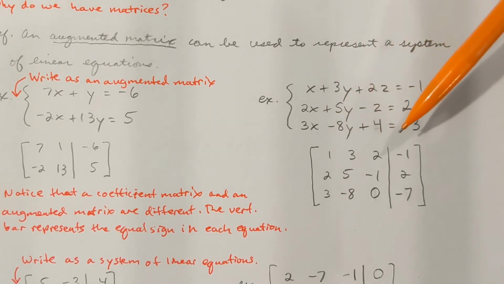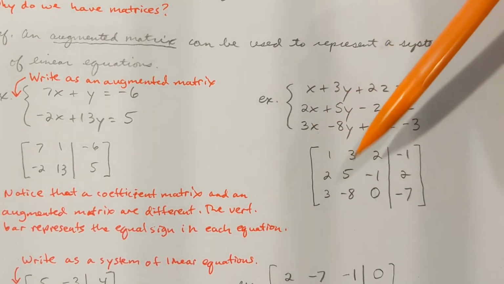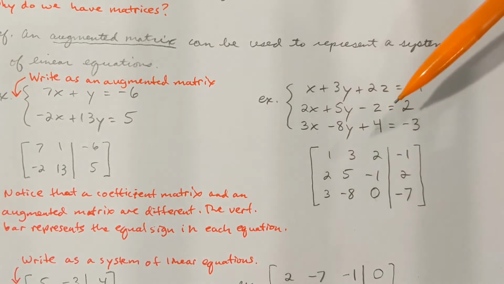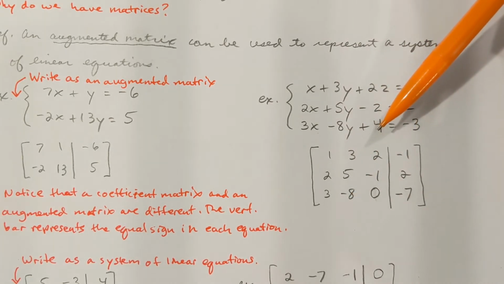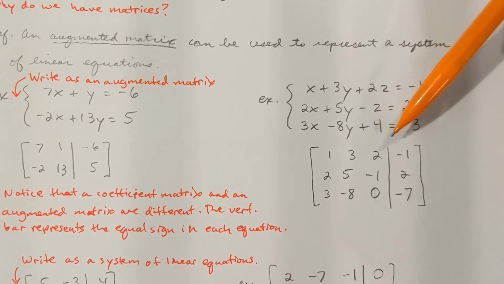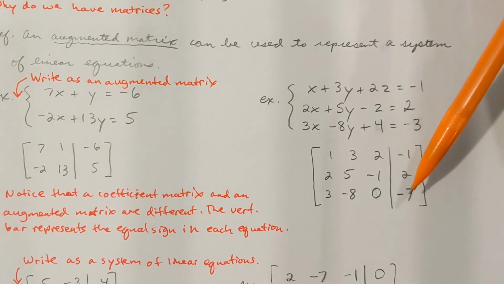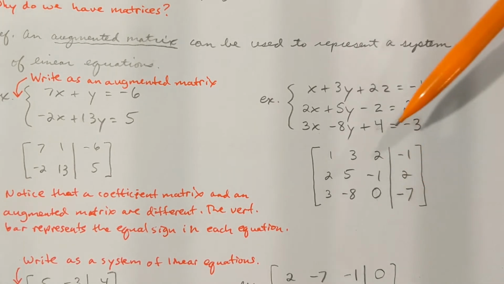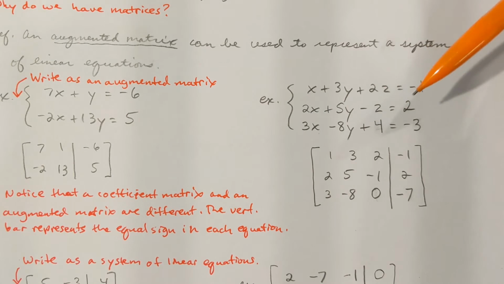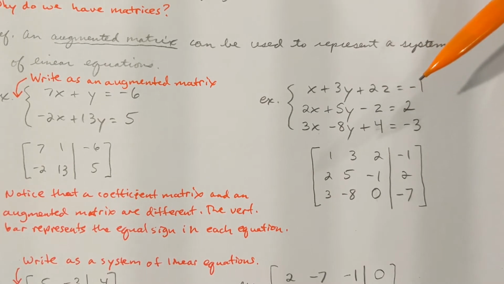In the third equation, I've got a 3 in front of x, a -8 in front of y, a 0 in front of z, since I don't have any z's. And if I subtract 4 from both sides, negative 3 minus 4 is negative 7, which would be in the coefficient column. In other words, equation 3 was written in an unsimplified form.